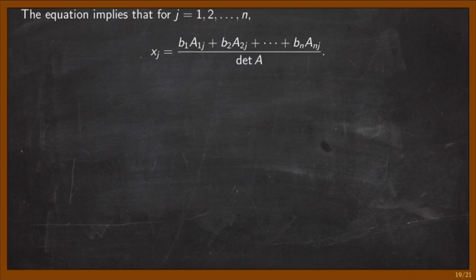In fact, for j equals 1 to n, we now have a formula for x sub j, and it's going to be b1 a1j, b2 a2j, up to bn anj. This was obtained from the jth row of the adjugate, but of course this is the only column of b, divided by det A.